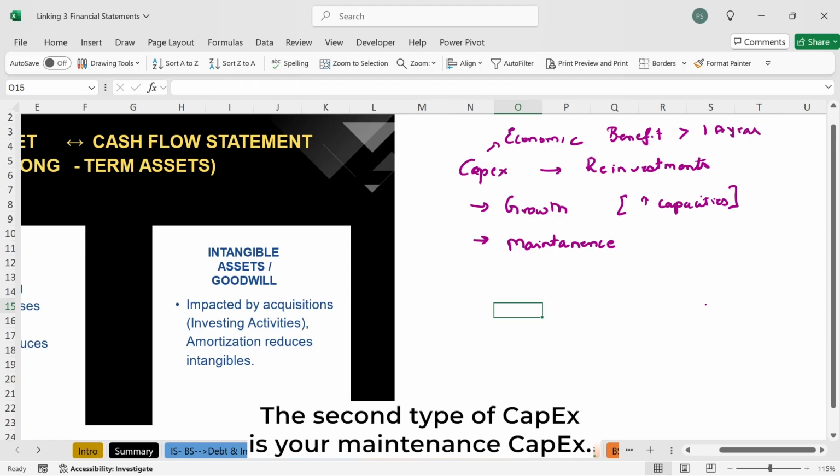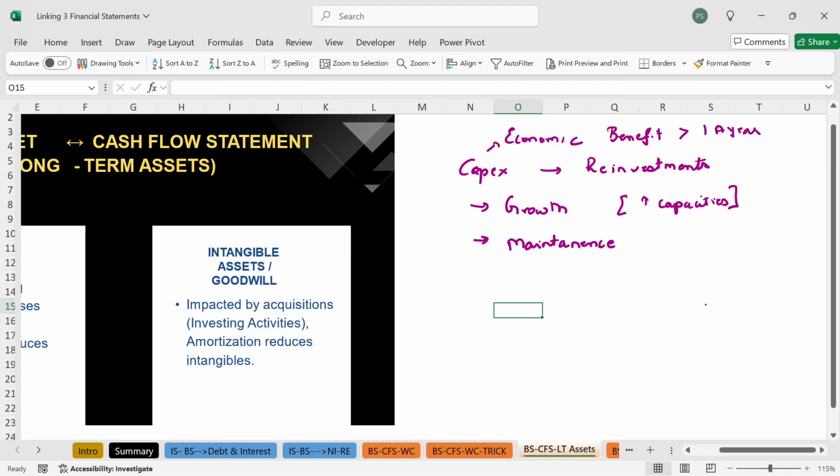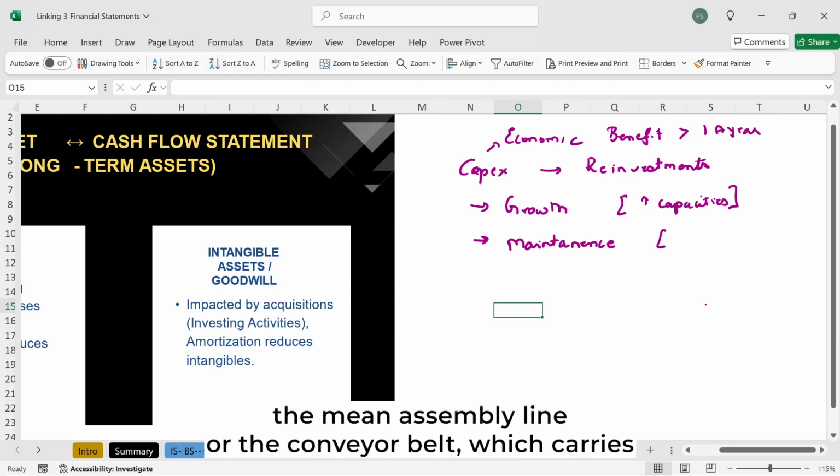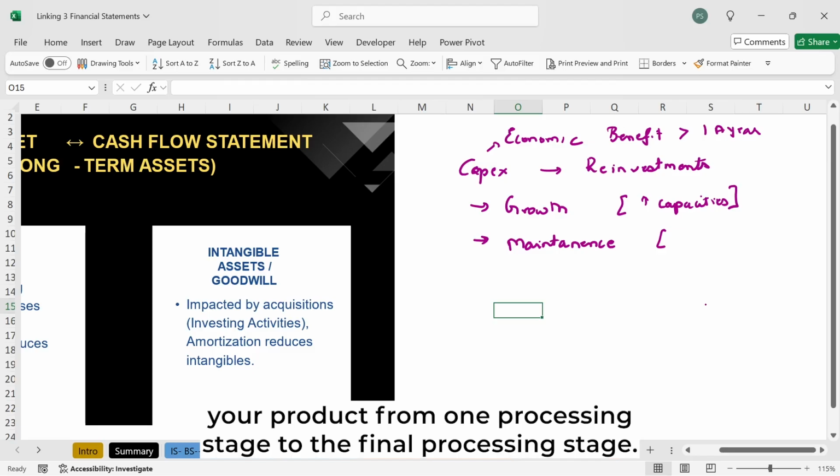The second type of capex is your maintenance capex. Now, this is critical in nature. It is mandatory in nature. Let's say, visualize the main assembly line or the conveyor belt which carries your product from one processing stage to the final processing stage.